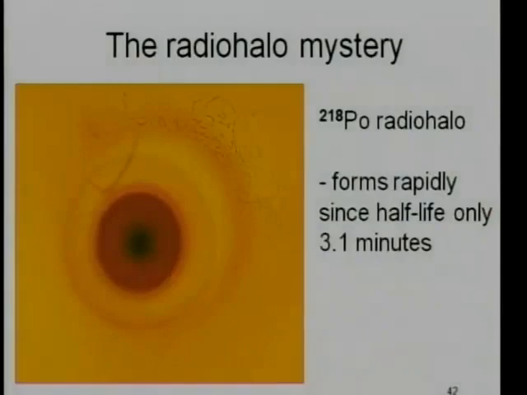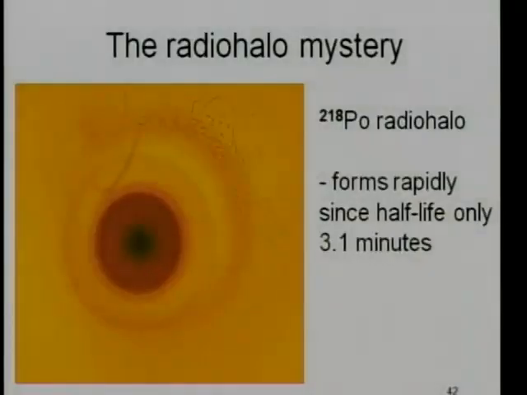And then there's these mysterious things called radio halos. Now, polonium has got a bit better known because it was the element that was used to poison the Russian intelligence officer Alexander Litvinenko in 2006. Now, we're not interested in its poisoning qualities, but in the damage tracks that it can leave in rocks.